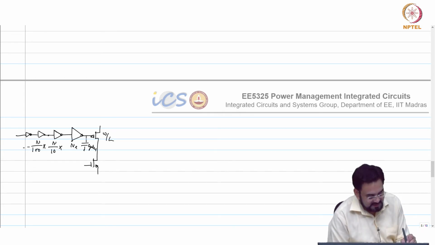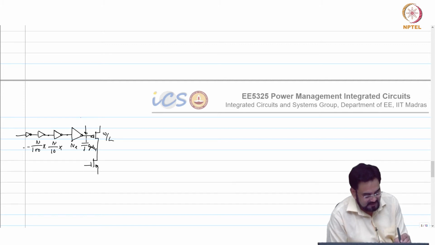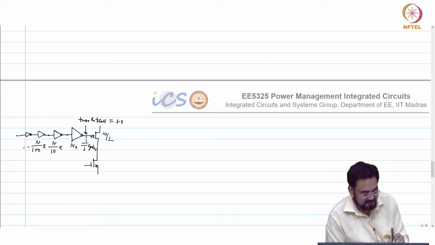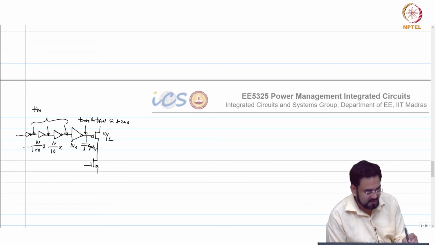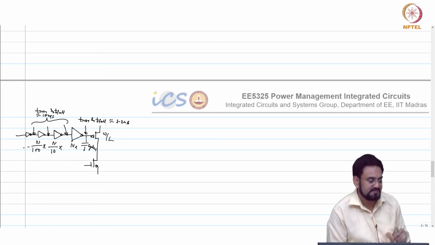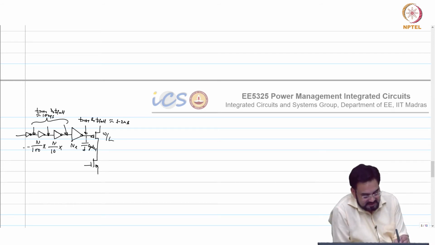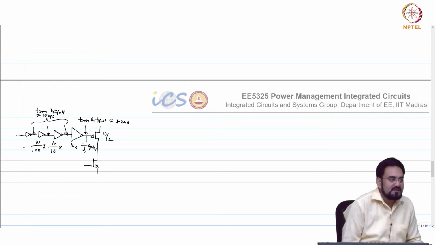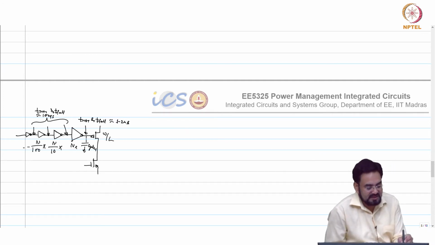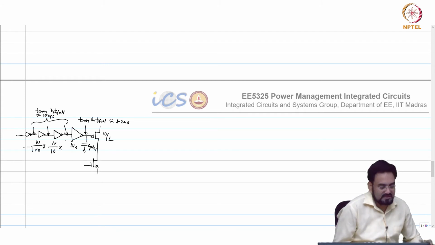The most important thing to make sure of: for the T rise and T fall, we were looking for 1 to 2 nanoseconds, but here we are looking at T rise and T fall on the order of 100 picoseconds. So the slew rate at the gate is mostly driven by the final inverter, and before that you are simply making sure that this whole chain is able to drive the gate cap of each stage.